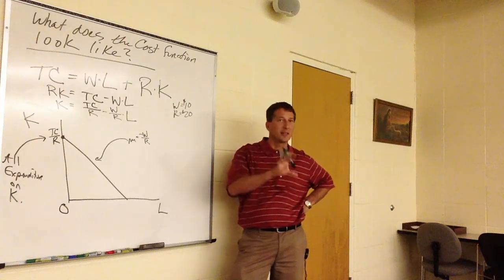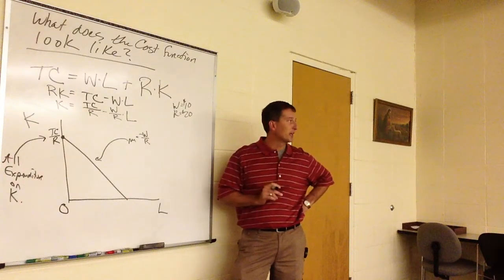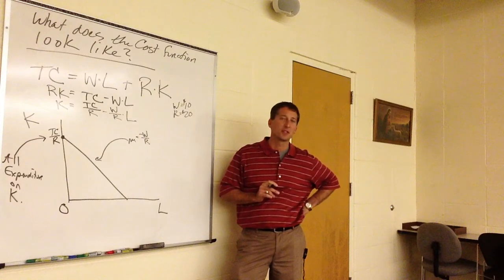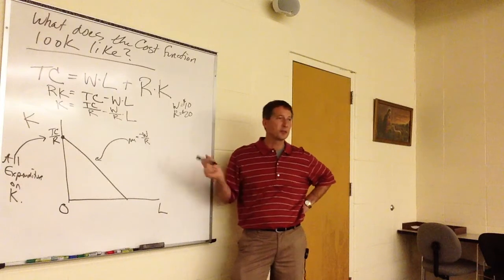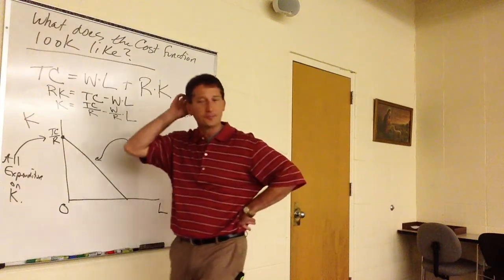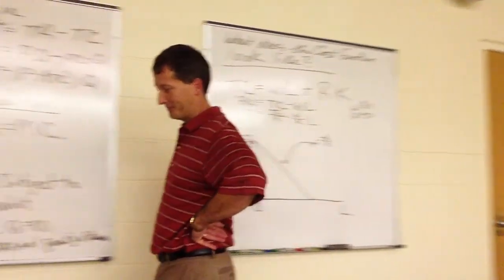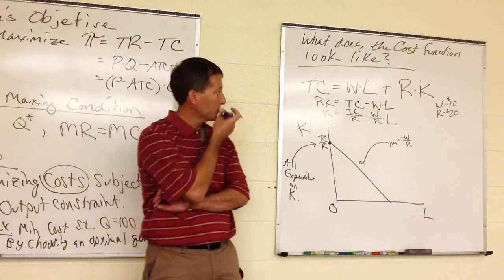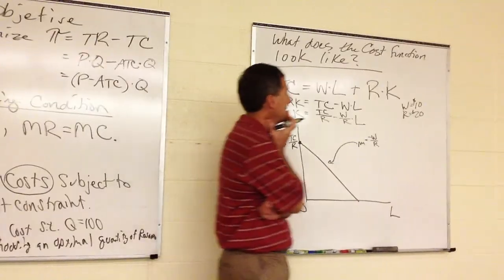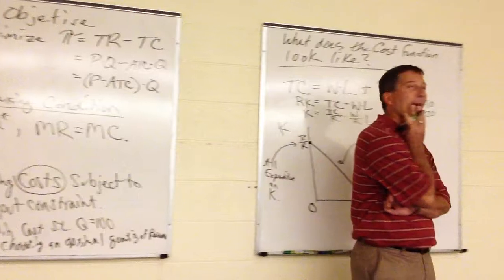We want to think about the rate of change because it's a slope. Why don't you do it? Plug in the numbers. Tell me what you come up with. What'd you get?